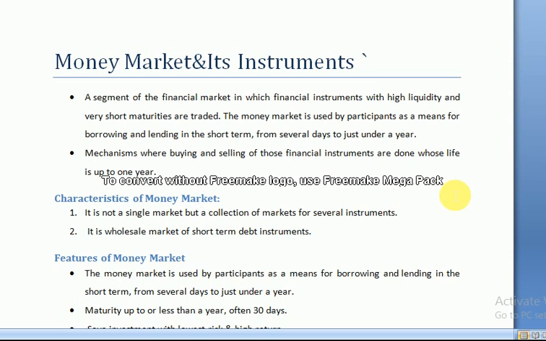Risk free securities, like treasury bills, have no risk involved.